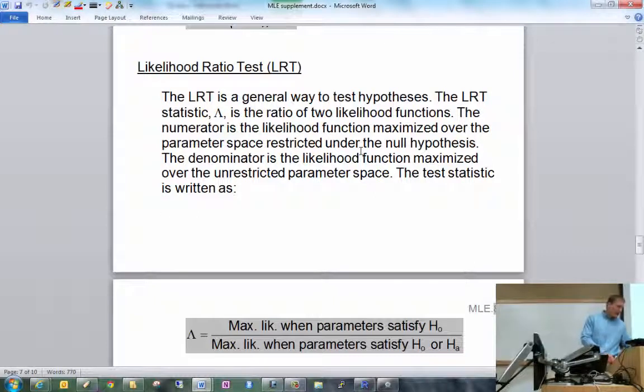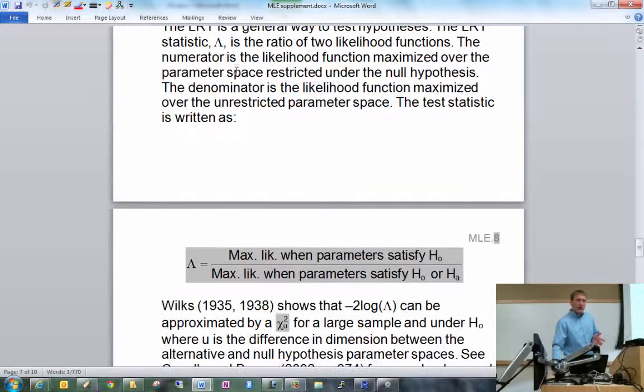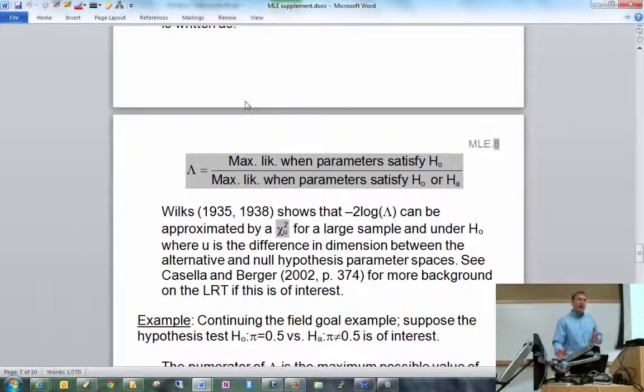Okay. So LRTs, likelihood ratio tests, are a very common way that people use to perform hypothesis tests when maximum likelihood estimation is used to estimate some kind of parameters. Very, very common method. Very useful. And if we look at the name, likelihood ratio, you would expect to see some kind of ratio between likelihoods.